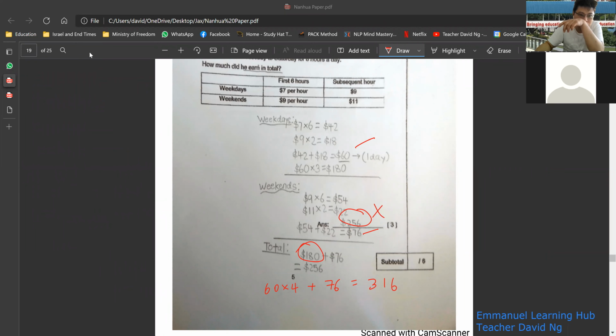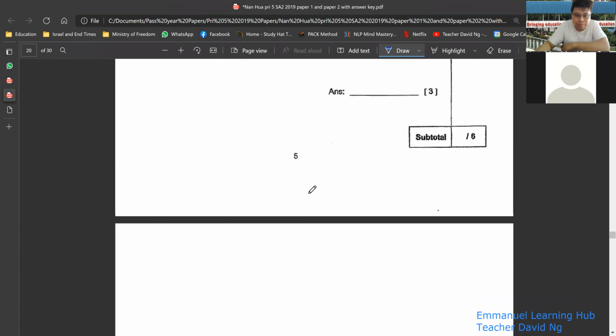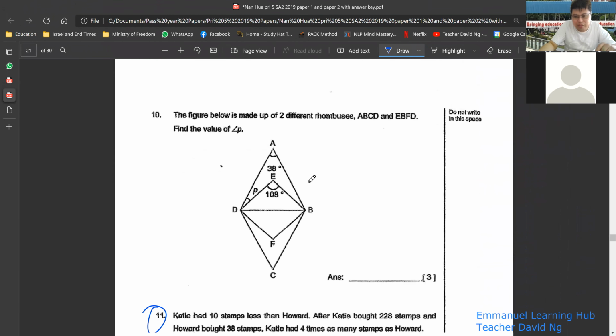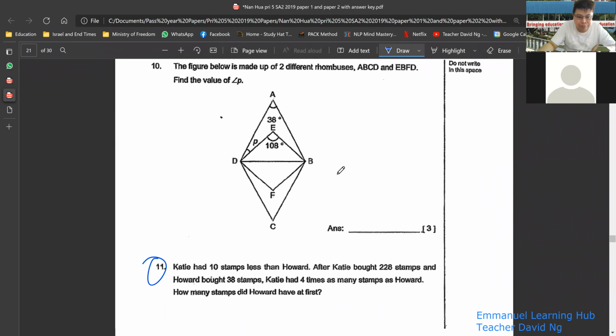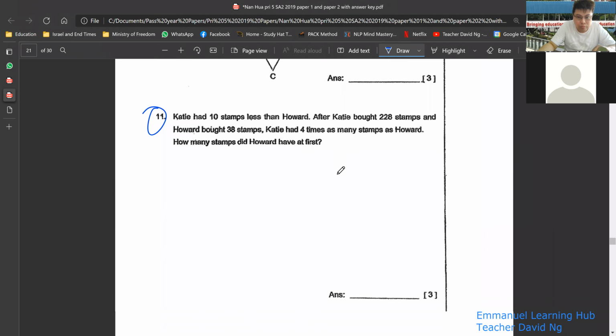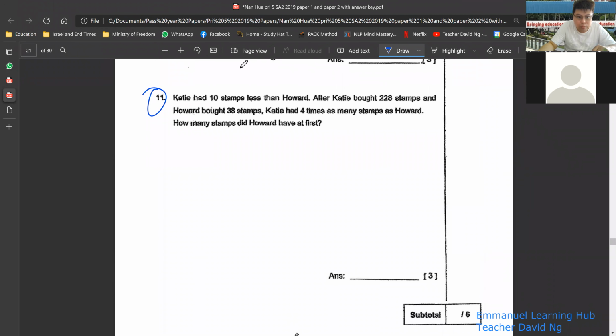Okay, back to the paper. Question 11. Katie had 10 stamps less than Howard.